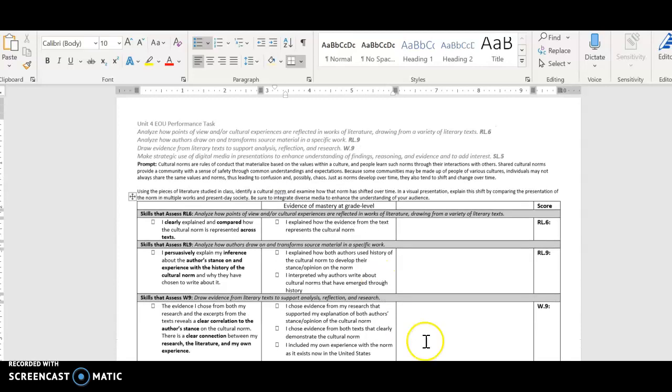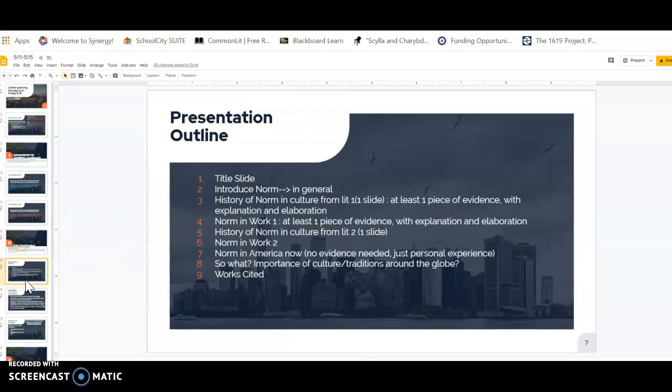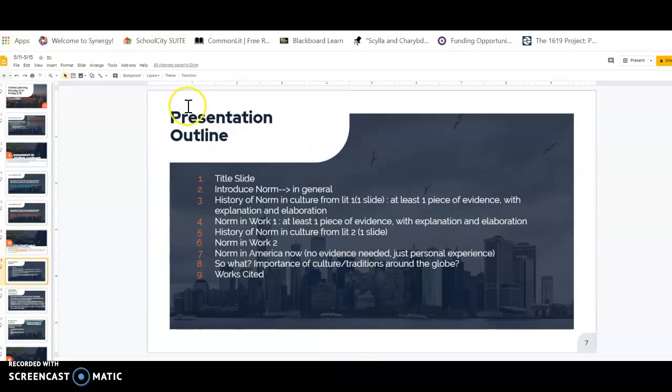All right, so we have our prompt and our rubric. The last item that I think will be helpful to you is on this slide. So it's right after the slide you just clicked this link from. You have the presentation outline. This is an outline of what your presentation needs to include.